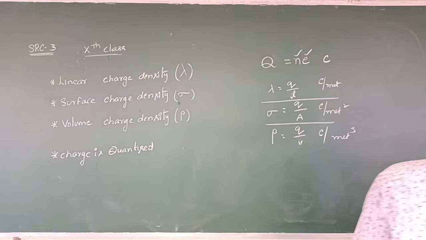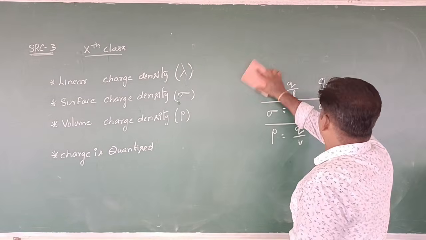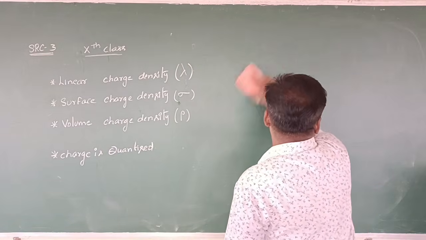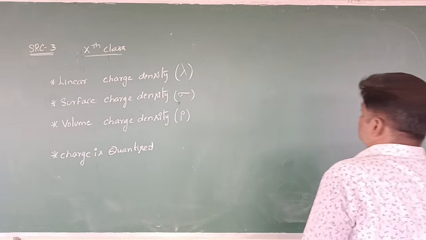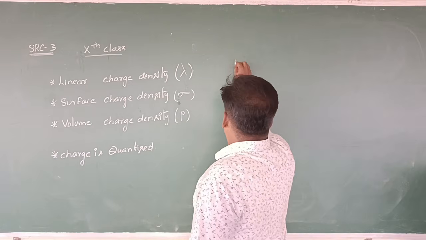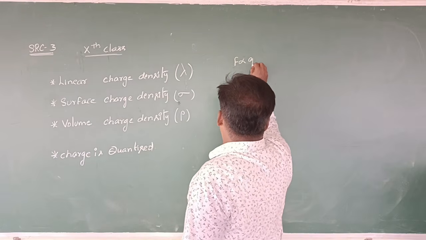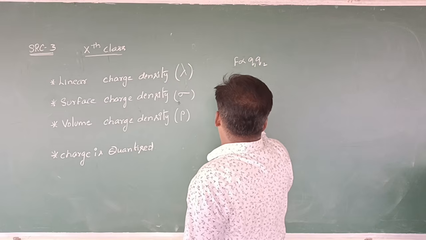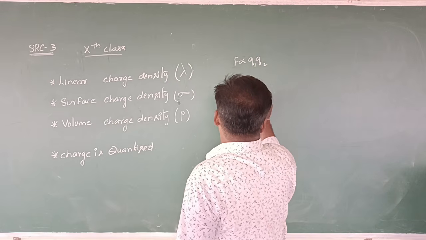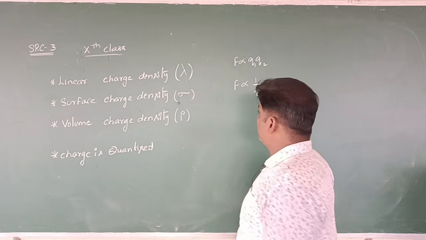So in the first day class, we already discussed Coulomb's inverse square law statements. That is, F is proportional to the product of two charges, and F is inversely proportional to the square of the distance between them.